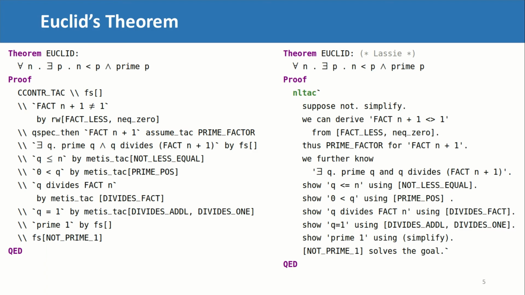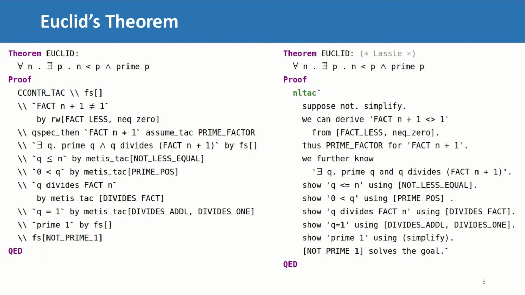On the left-hand side of the slide, I'm showing the proof using plain HOL4 tactics, and on the right-hand side, using Lassie's tactics defined by example. We think that these Lassie tactics make it easier for a newcomer to understand the proof steps without having to care about their exact implementation in the HOL4 Theorem prover.